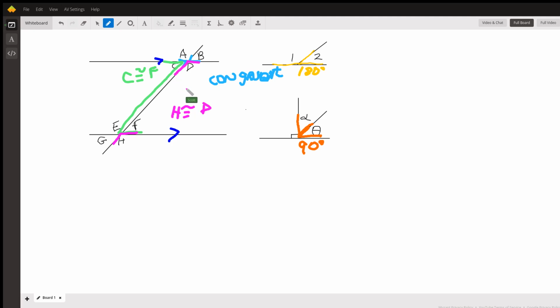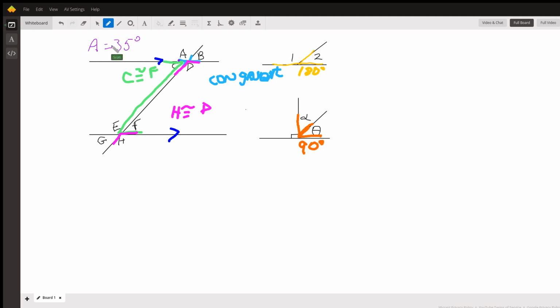Okay? You'll also notice in here that there's a lot of useful things for supplementary angles. So, for instance, A and B are supplementary. So an example problem for this might be something on the order of, if A equals 35 degrees, find the rest of the angles.